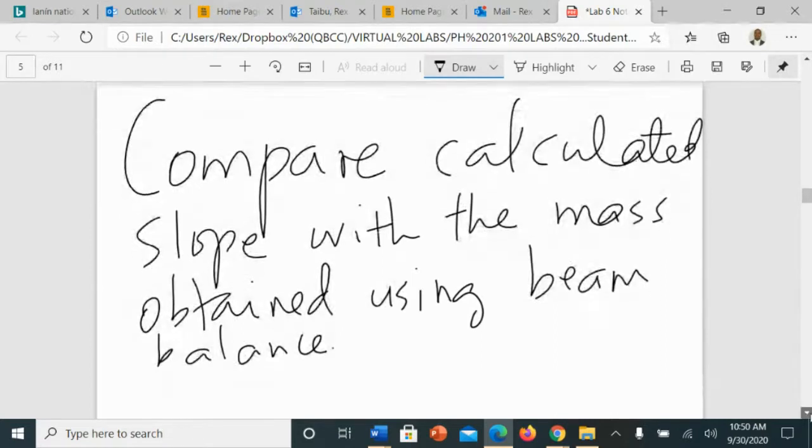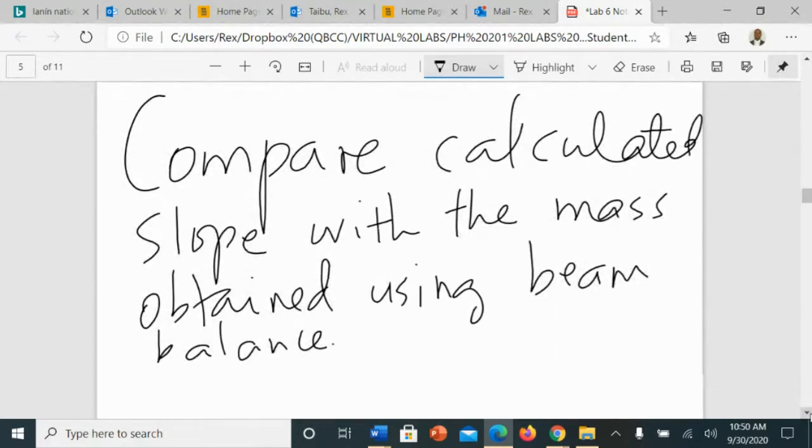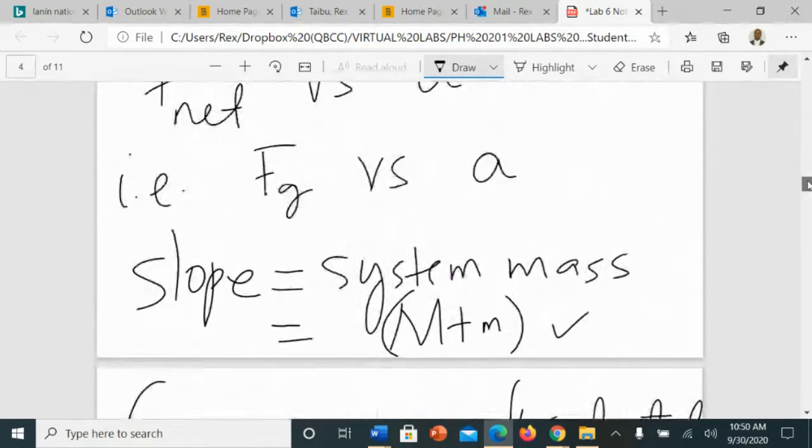So if we compare the two, then we can come up with percentage error as usual. We can calculate percentage error to see how far the theory deviates from the experiment, or to see if the theory works. Remember, why do we say here the slope is equal to system mass?